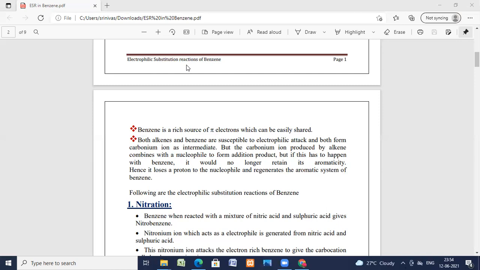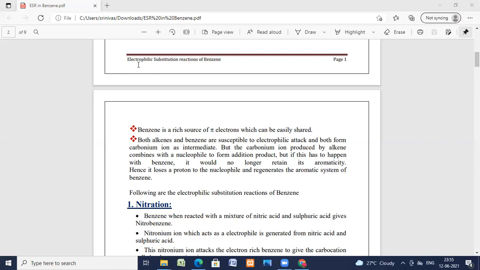Now, what is free radical substitution? As you know, the electrophile is a positively charged species, the nucleophile is a negatively charged species. What about the free radical? A free radical does not have any charge.